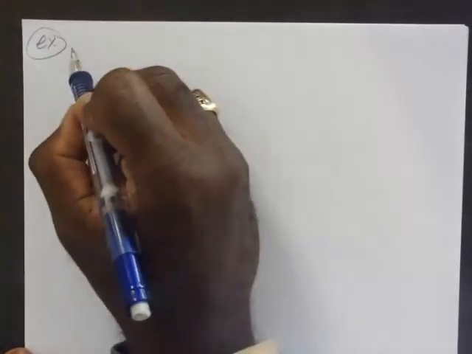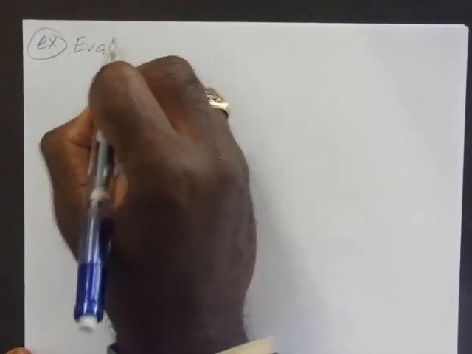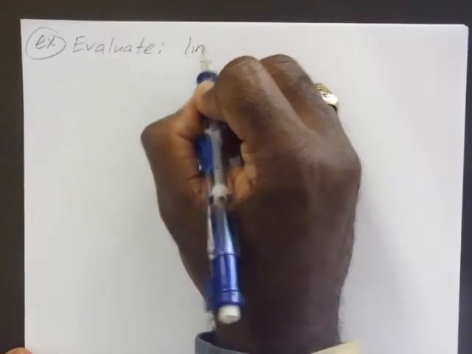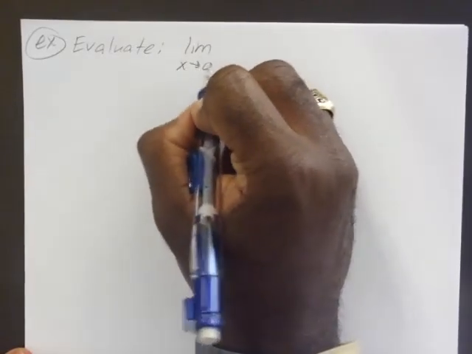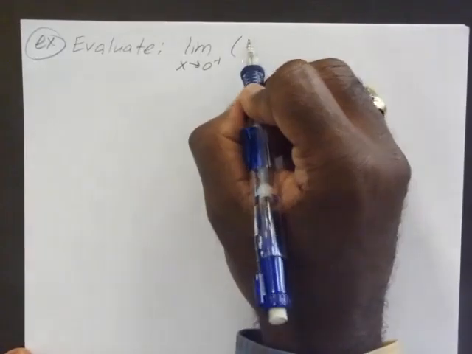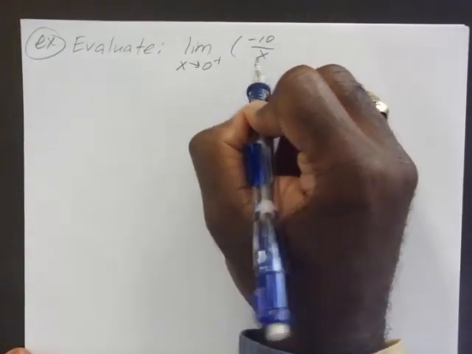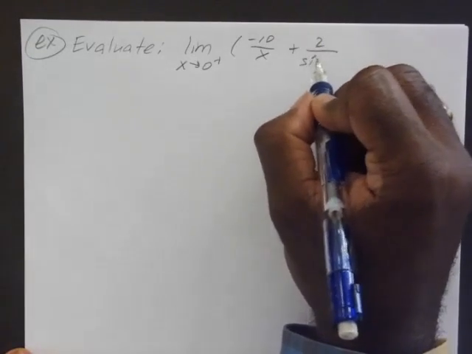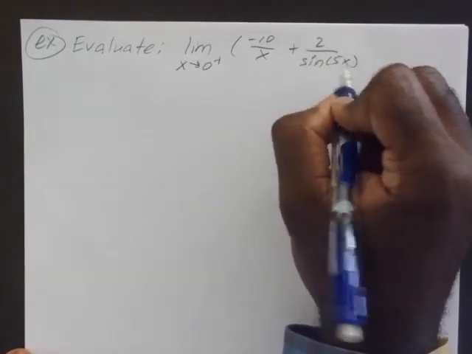Okay, so let's say we wanted to evaluate the limit as x approaches 0 from the right of -10 divided by x plus 2 divided by sine of 5x.